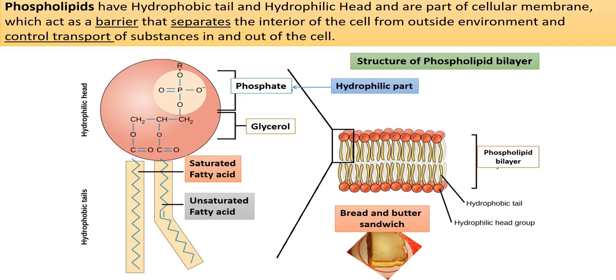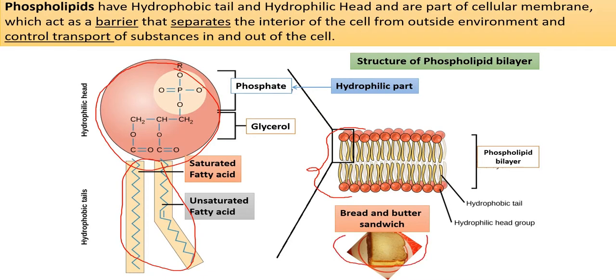So phospholipids are the main part of the cellular membrane. As I was saying already, they have hydrophilic heads and hydrophobic tails. In an aquatic environment, they will self-organize into a bilayer of phospholipids, like a bread and butter sandwich.